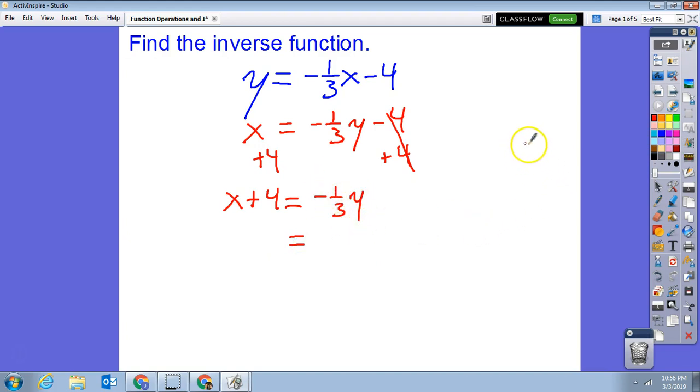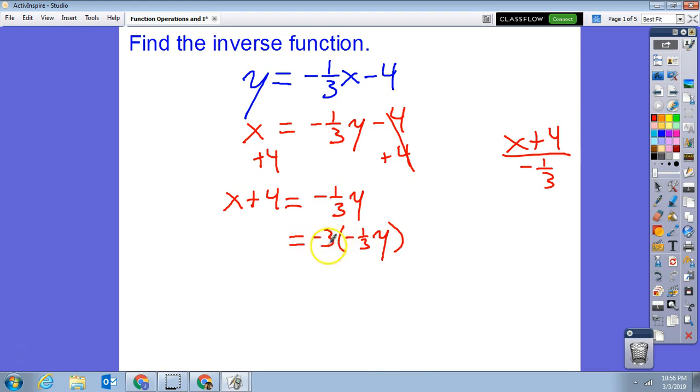Now technically you could divide by negative 1/3, but that would cause a pretty ugly division on the left hand side of the equation. So what I suggested in class is that when you're trying to get rid of a fraction like this, multiply by the reciprocal, which would be negative 3 over 1.